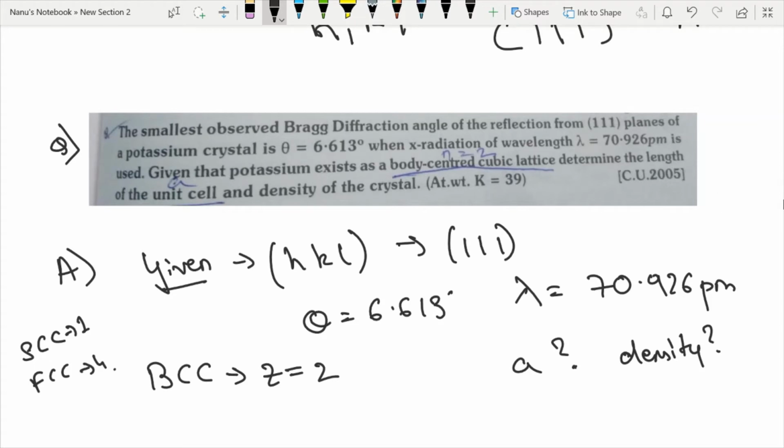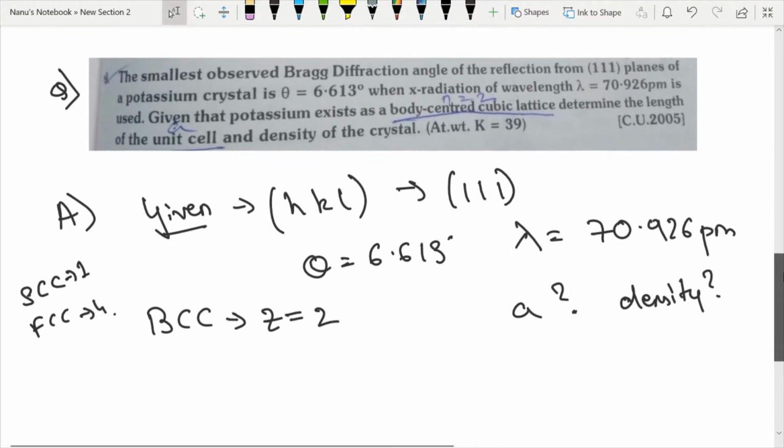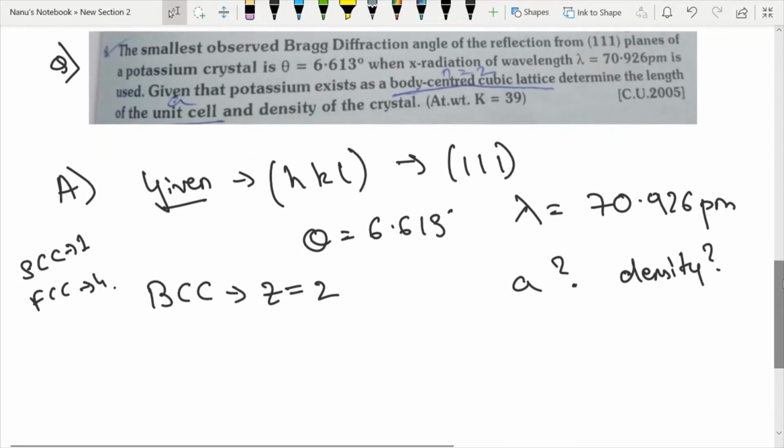This is a very typical problem that might be asked in your NAT section for 2 marks, and if you know it, you get your 2 marks, and you might go from getting like a 700 rank to getting lower than 500 or lower than 400 as well. 2 marks is very important in the exam. Why is it a typical problem? Because they're using Bragg diffraction to find the density.